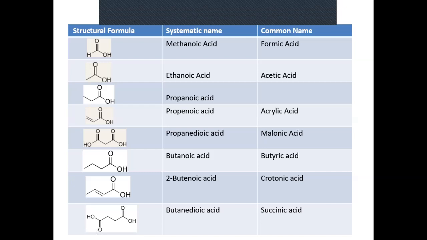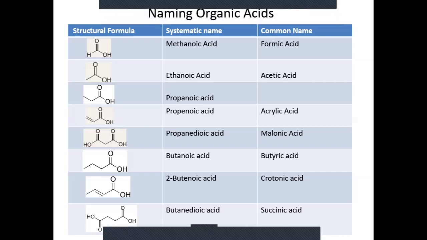The ic symbolizes it's an acid. And so we still use the same numbering prefixes that we use for alkanes, alkenes, and alkynes.